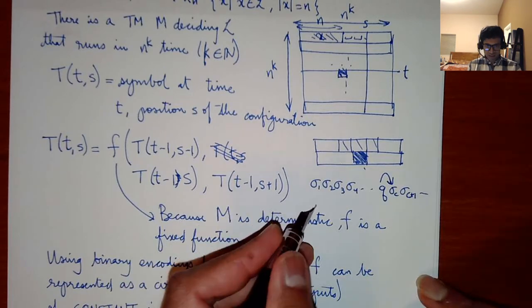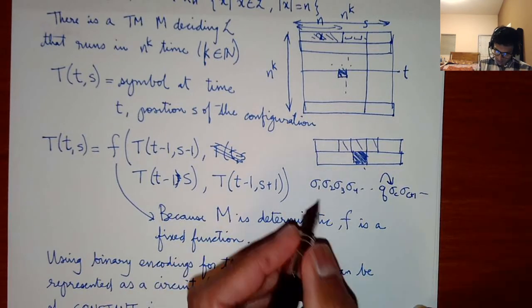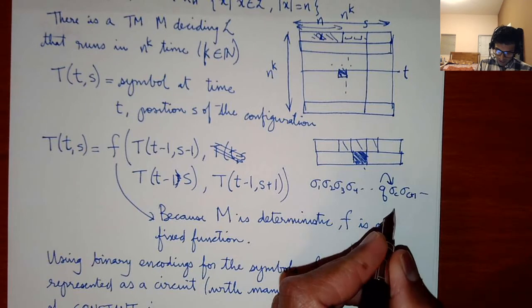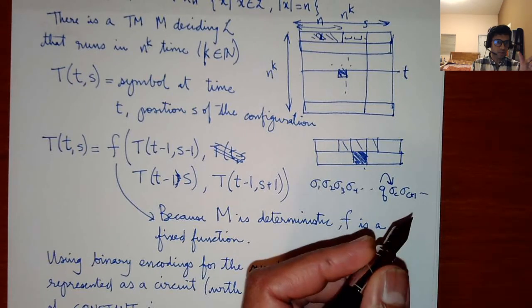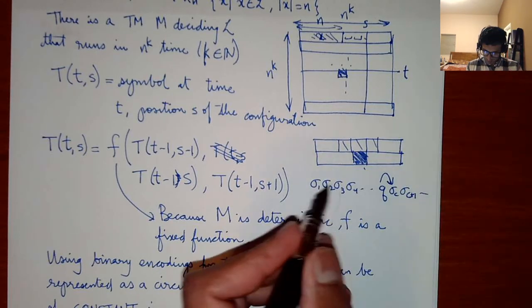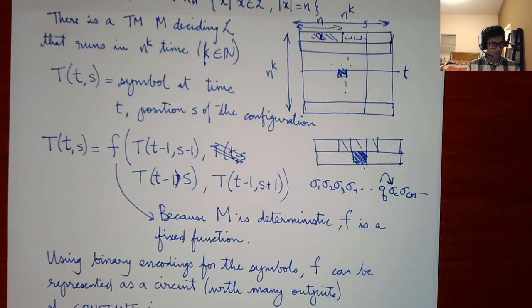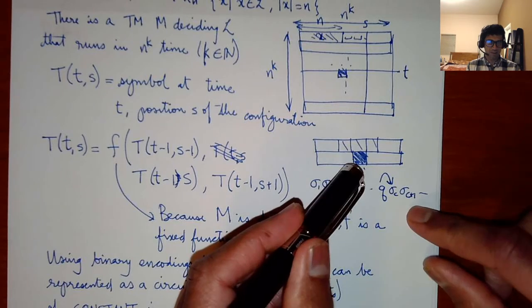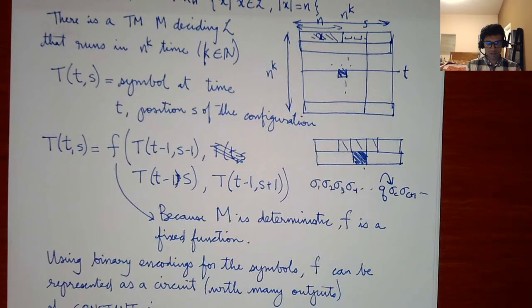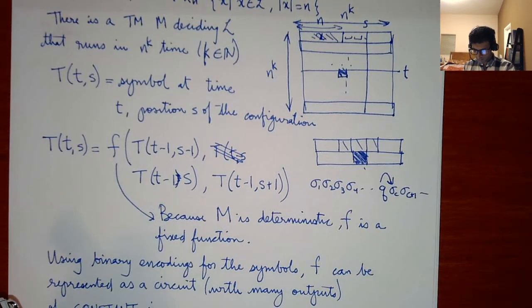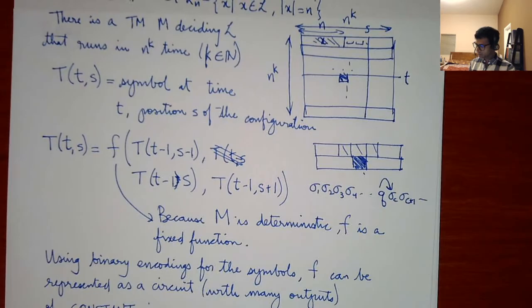And the next configuration, the thing to observe is that every symbol in the configuration only depends on 3 symbols in the previous configuration. Does that answer your question? Yeah, pretty much. I forgot that the tape head itself is put onto this as well. Yes, represented as a cell itself.